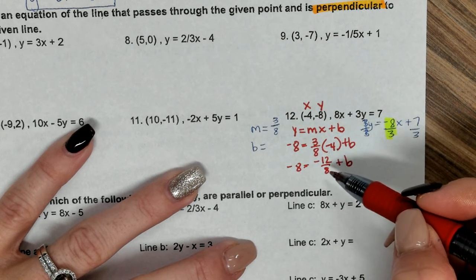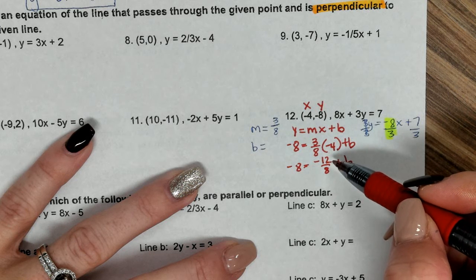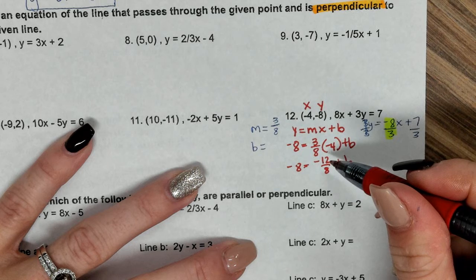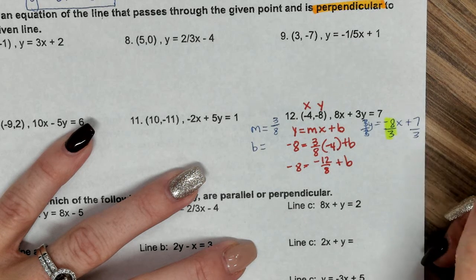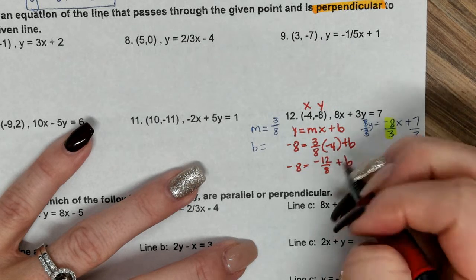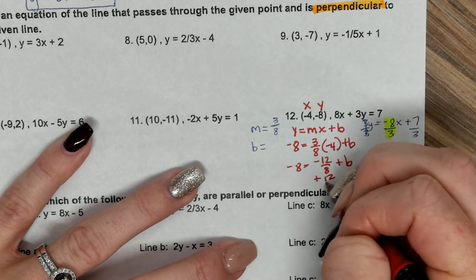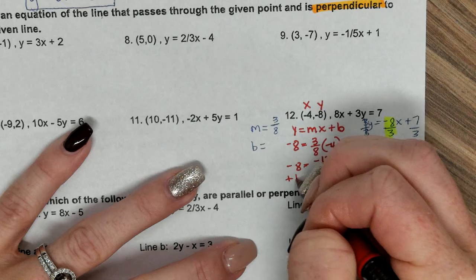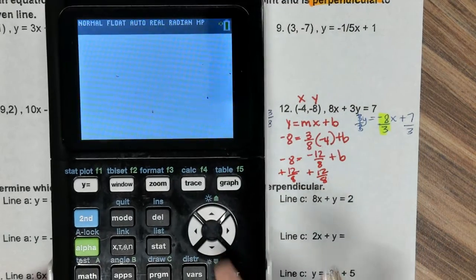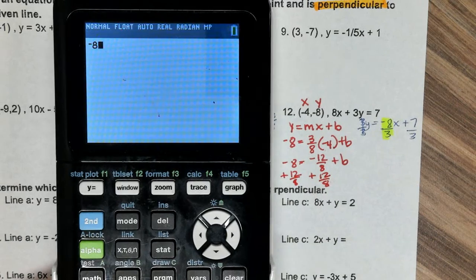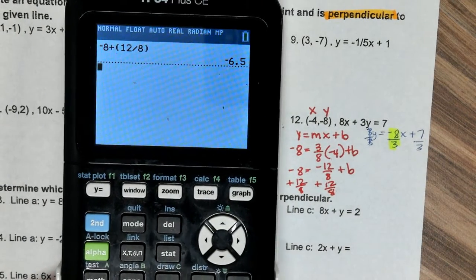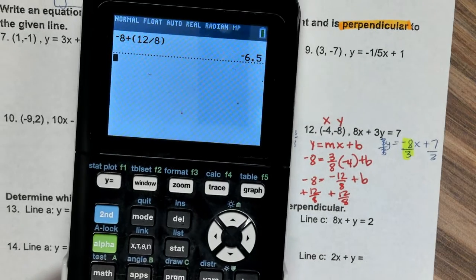Your calculator would have given you 3/2. Yes? All right, how am I going to get b by itself? Plus 12/8. So I have negative 8 plus 12/8. And I got negative 6.5.